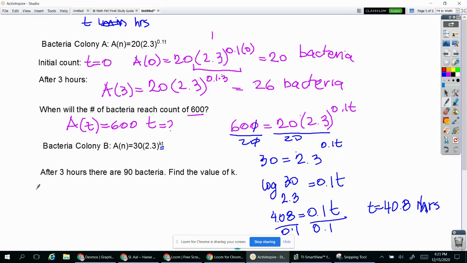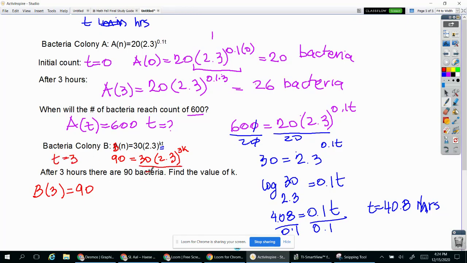We have that B of 3 equals 90. So let's use that information, and we're going to substitute 90. So it should be B of t: 90 equals 30 times 2.3 raised to 3k. The reason why is we're plugging in 3 for t, so t is 3.